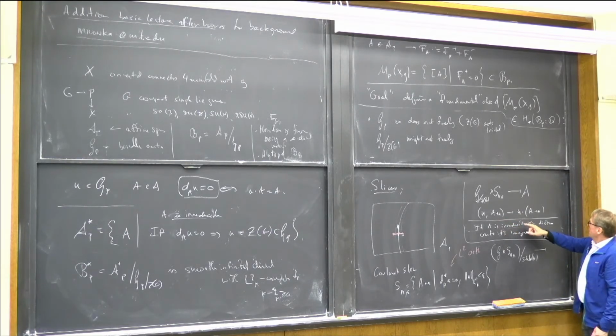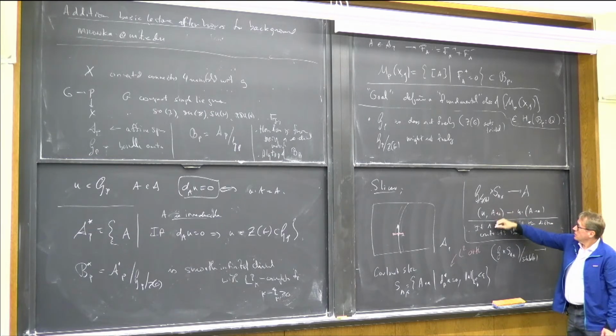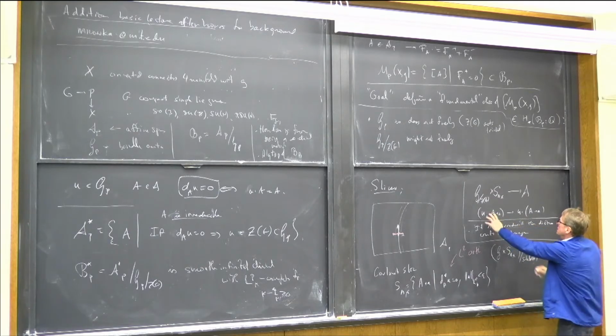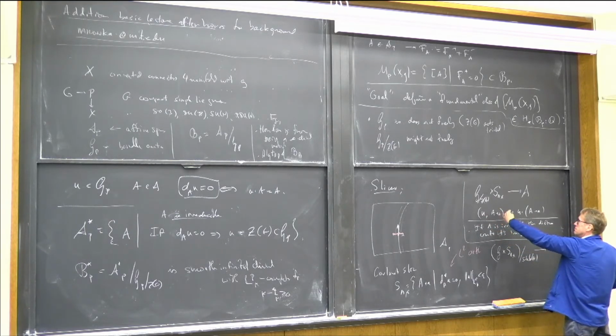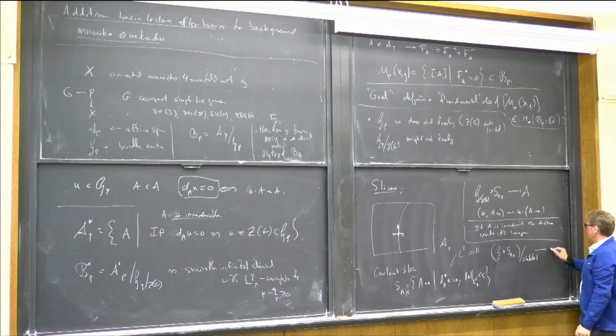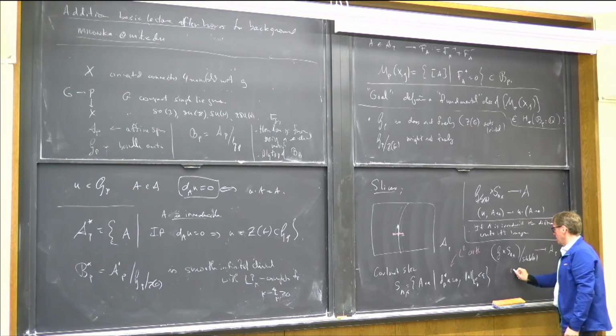So the stabilizer of A acts here by acting by the inverse here and acting here. That doesn't do anything. That acts here, but when I move it to here, it doesn't do anything. So this gives me a well-defined map, and this is still a diffeomorphism.